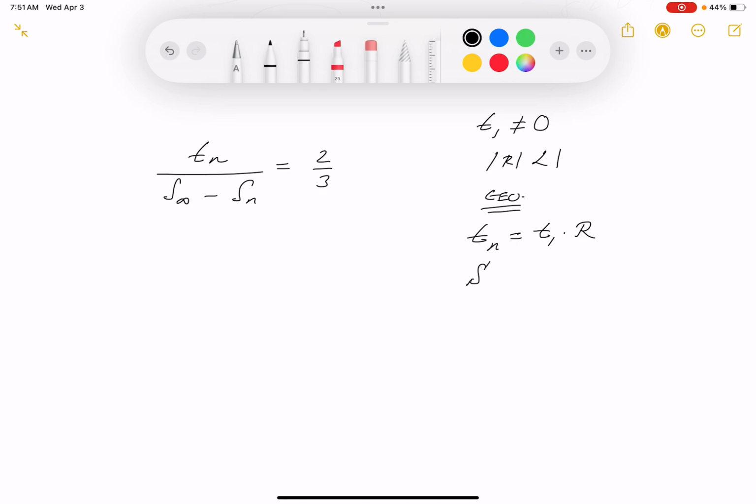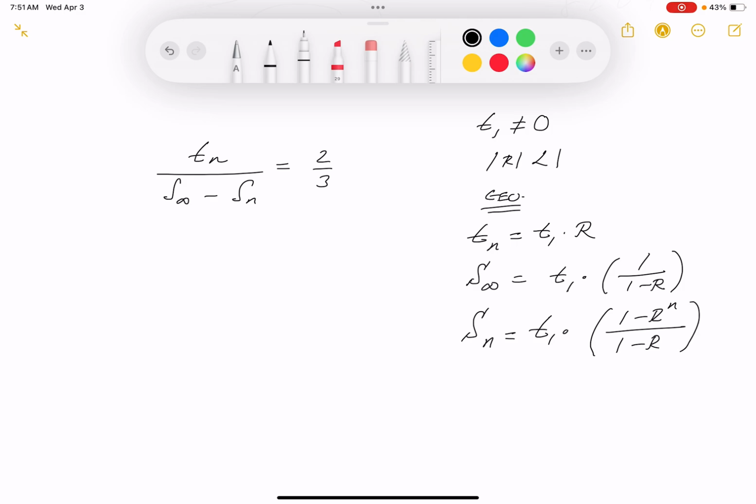S infinity, provided the conditions are being met, would be equal to T1 times 1 over 1 minus R. And Sn is going to be T1 times, and you would need to know this, 1 minus R to the n over 1 minus R. All right, that's all you need to know. I'm going to plug it in now. And I'm sorry, I made a mistake already. This is n minus 1. Sorry about that.